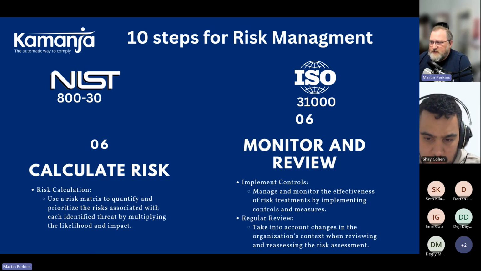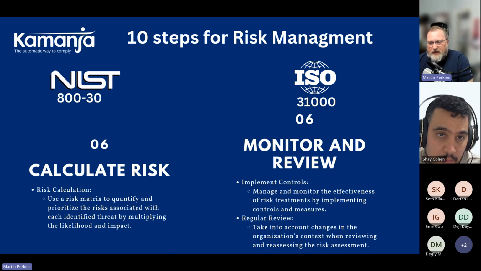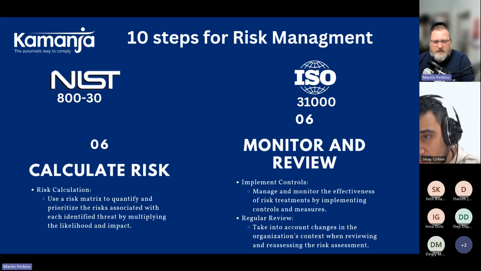On the ISO side, you're going to be implementing controls, right? You're rolling out what you've decided to get done, and monitoring the efficacy. And if anybody else on the call wants to chime in on this, I'd be more than happy to hear what they have to say. One of the things I've noticed is that control sets are fired off as a silver bullet and assumed to be working.